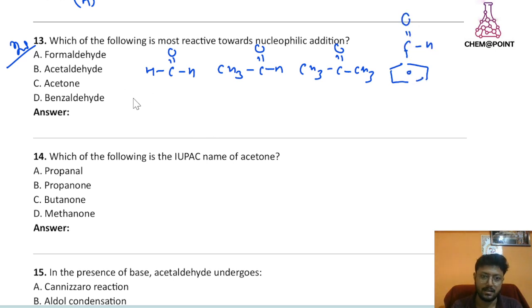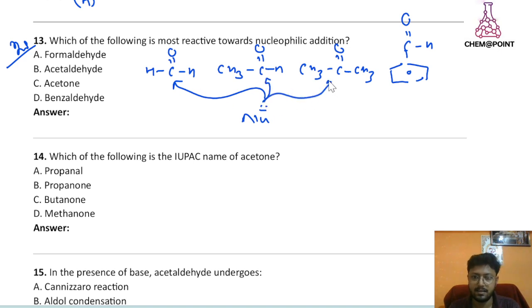Here, in the nucleophilic addition reaction, a nucleophile is added to formaldehyde, acetaldehyde, acetone, and also benzaldehyde. Got it?